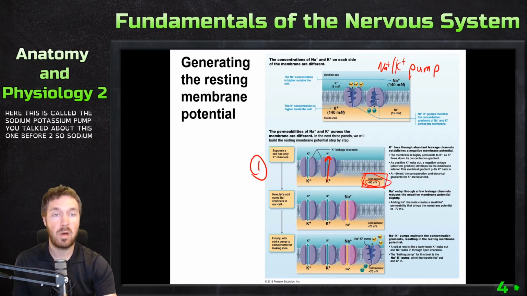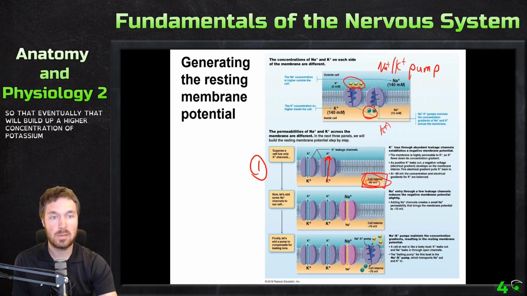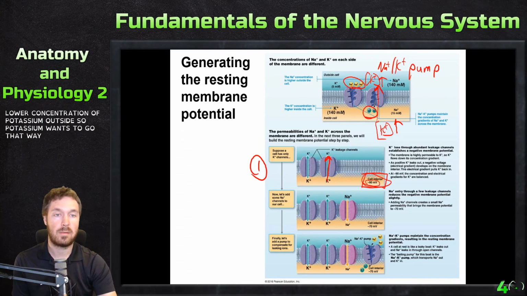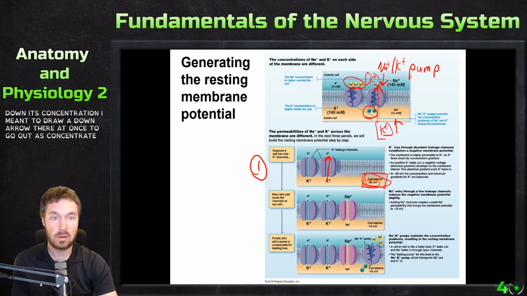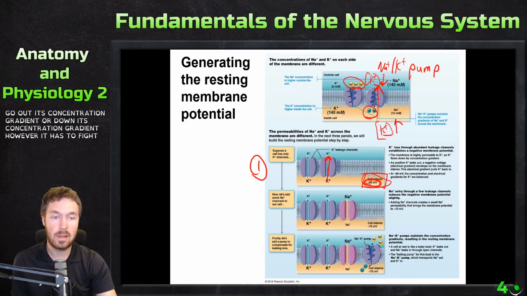Sodium-potassium pump, 3 sodiums out, 2 potassiums in. Eventually that will build up a higher concentration of potassium inside, and a lower concentration of potassium outside. So potassium wants to go down its concentration gradient. However, it has to fight the electrical gradient as well. So it finds a little balance around minus 90 millivolts.